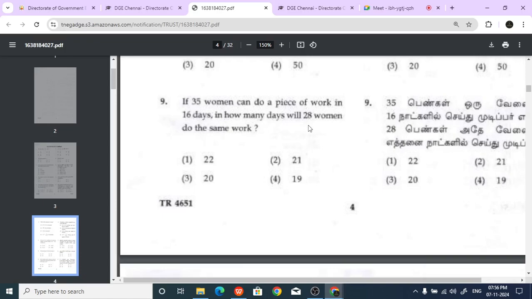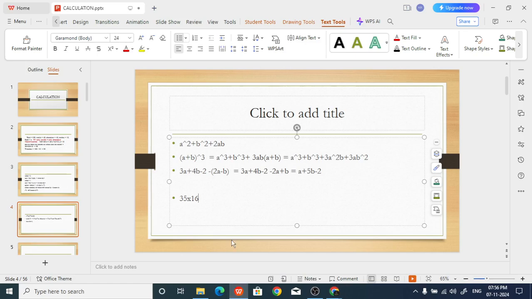Now 28 women are there, so you have to divide by 28. That will be the answer. 35 into 16 divided by 28.